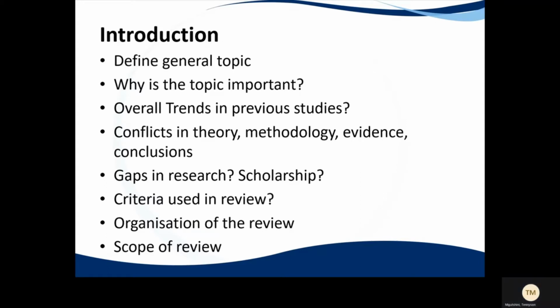By scope, I basically mean stipulating where your space of interest begins and where it stops. So sometimes people will reflect the scope by saying my review only focuses on papers from 1999 onwards or something of that nature. So that's the introductory part of a review.